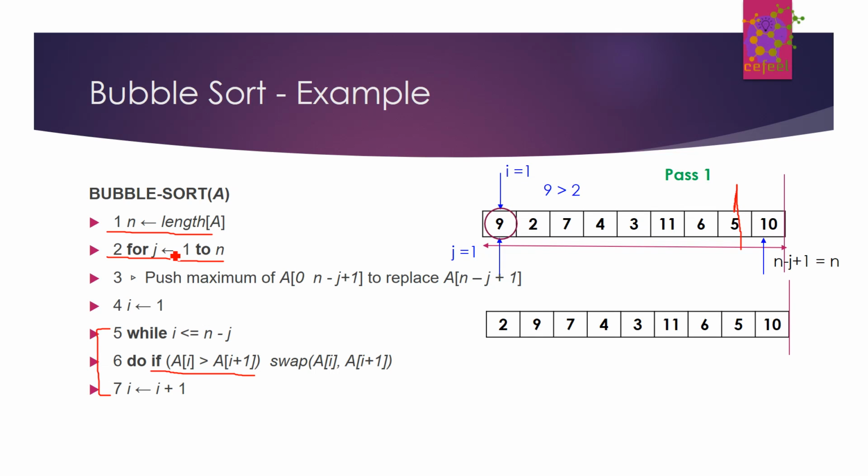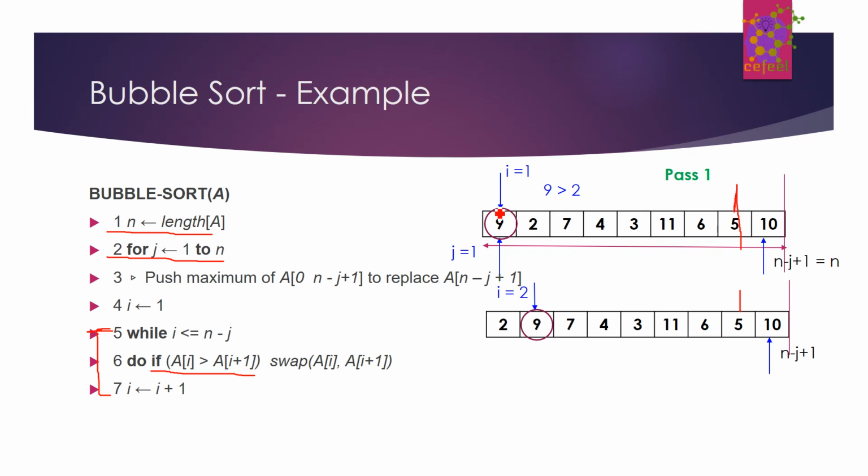We will have 2 and 9 swapped, and everything else stays the same. Then we move to step 7, which means i will now be incremented, i equals i plus 1, so i points to 1 plus 1, which is 2. And since this is the inner loop, we go back to step 5 again, and we see that i is still less than n minus j, which means i hasn't reached the end point yet.